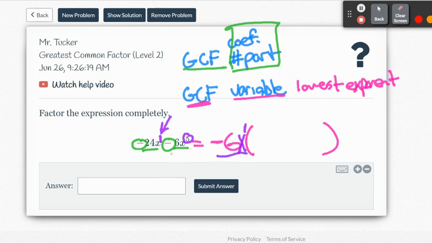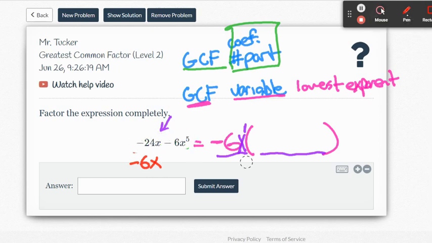So what I need to do now to get what's inside the parentheses is divide each of these terms by exactly negative 6x. So then you work through what negative 24 divided by 6x is. So negative 24 divided by 6x, the negative should reduce, and then 24 divided by 6 should be 4.